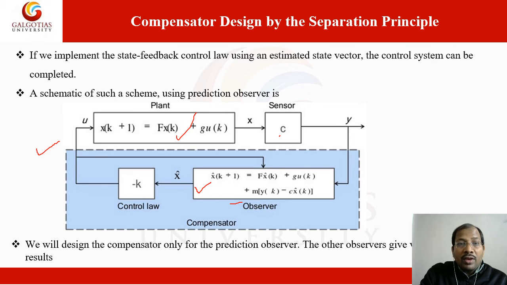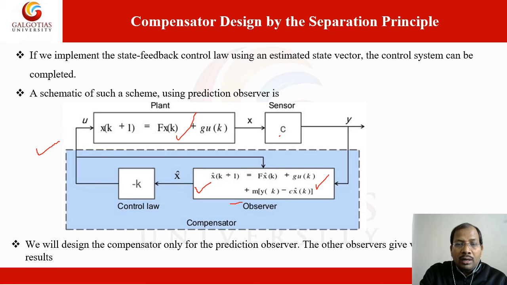So in this way we are considering this. Here these equations are given, and for the predictive observer we can design any observer. So here only one problem arises, and we can use the separation principle. The separation principle tells us that we can select the controller poles and the observer pole locations arbitrarily.